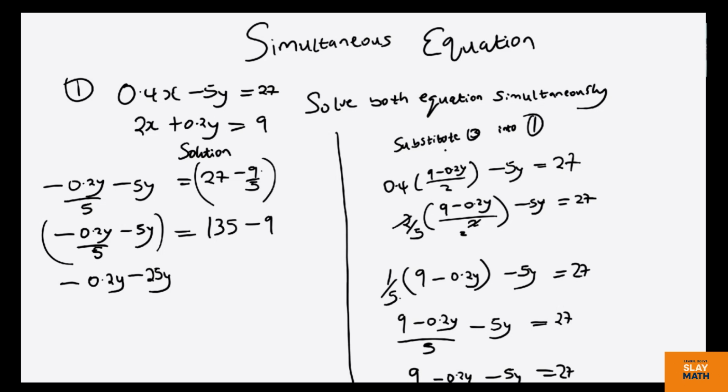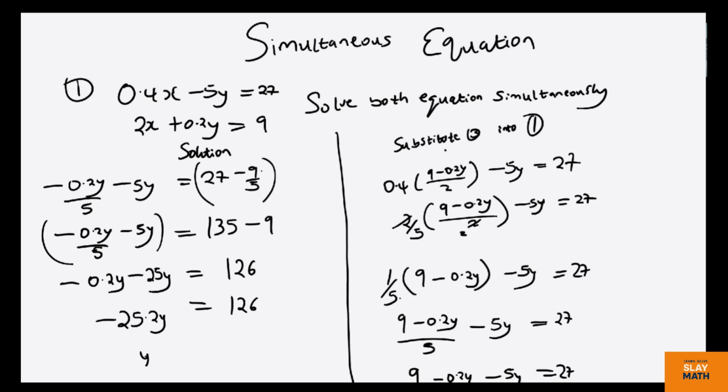So minus 0.2y minus 25y is going to be minus 25.2y equal to 135 minus 9, that's 126. Now for us to be able to find y, we have to divide both sides by the coefficient of y, and the coefficient of y in this equation is minus 25.2.